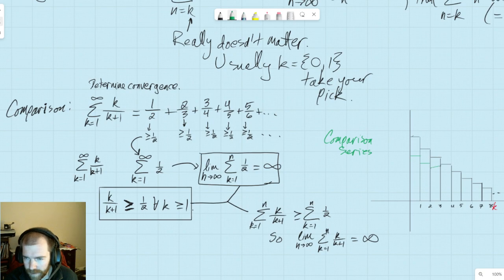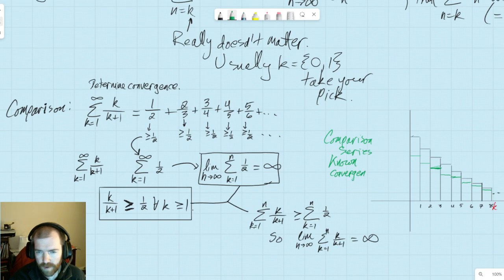All right, whatever. So pretend for a moment that the green one is the comparison series that we know its convergence status.